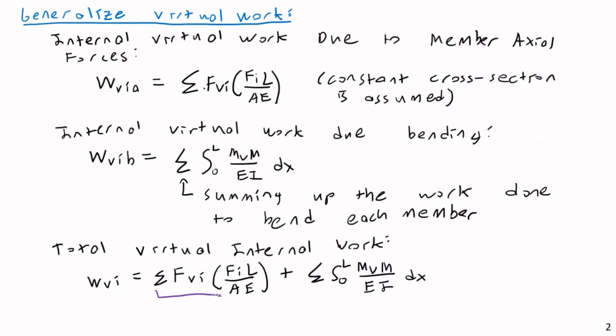This is the internal virtual work to stretch the members, like axially stretching, deforming. To stretch the members in a frame. And this would be the internal virtual work to bend the members.